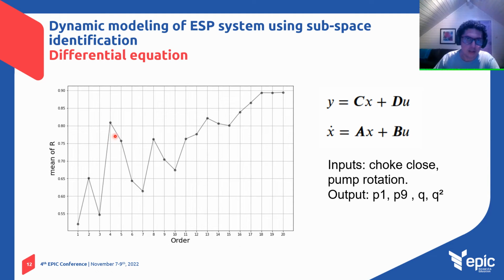That is, there is a good correlation between the identified system of order 4 and the experimental data. Subsequently, the correlation decreases and increases again, tending to overfit the system. Therefore, the order of the system is selected as 4.